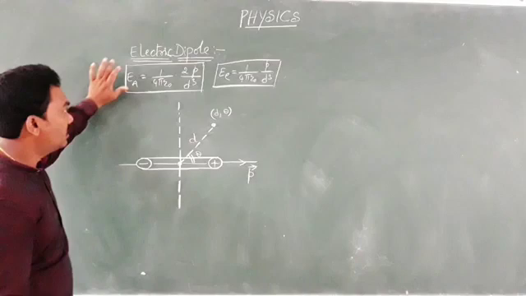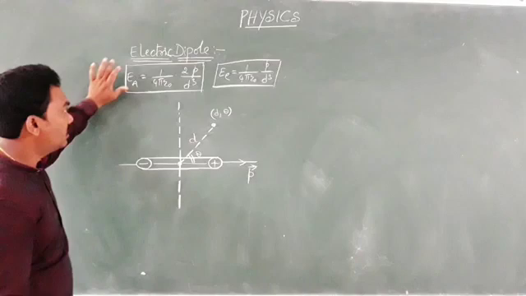Now my particular point where to find the field intensity falls on the axis of the dipole of moment P cos theta. At the same time, it is on the equatorial line of the dipole of moment P sin theta, because I told you your dipole is replaced by two dipoles of moment P cos theta and P sin theta.